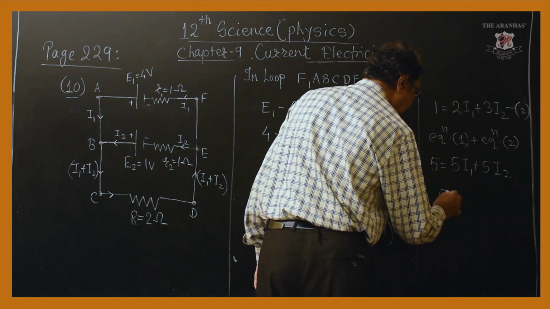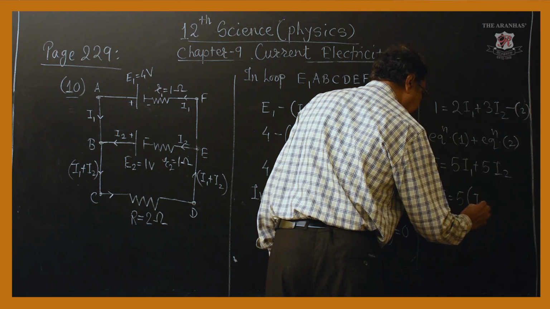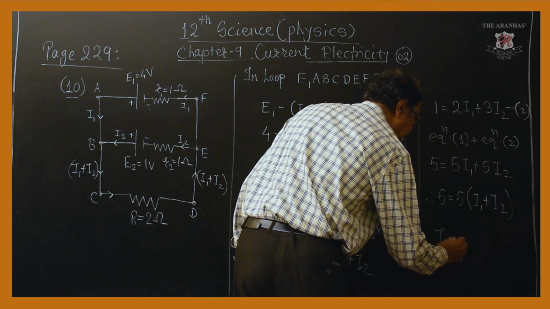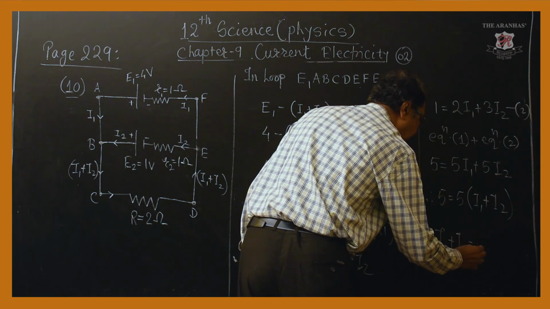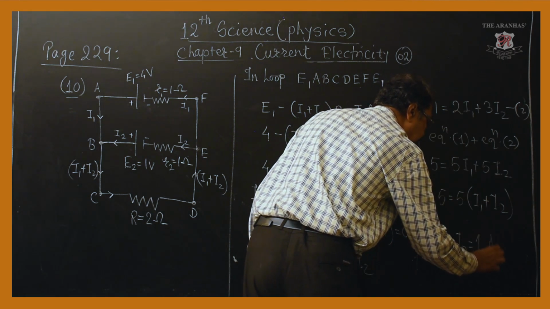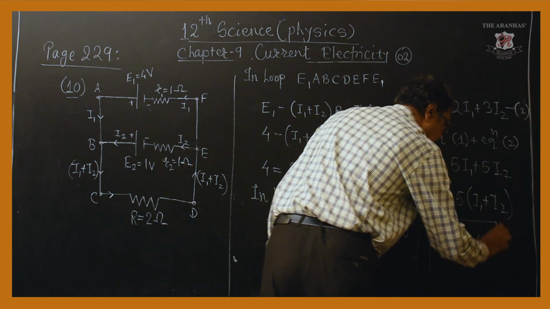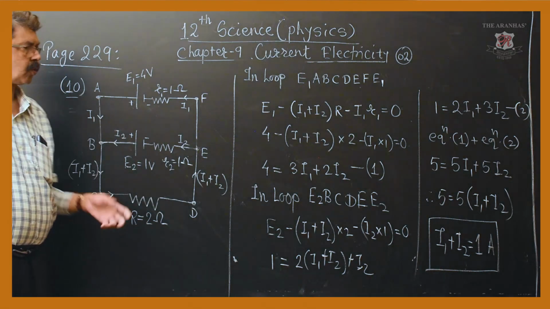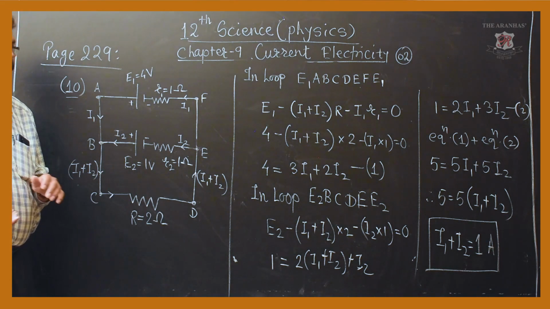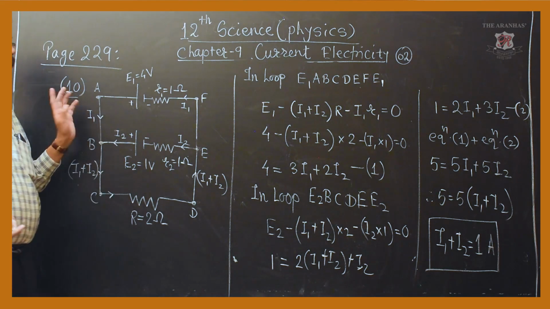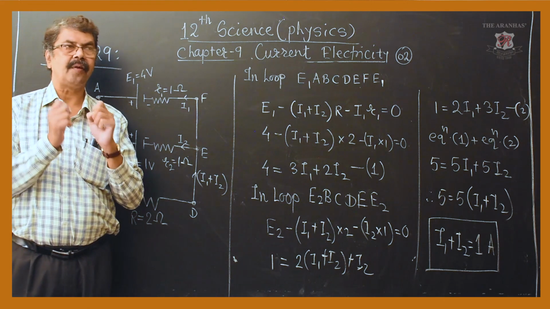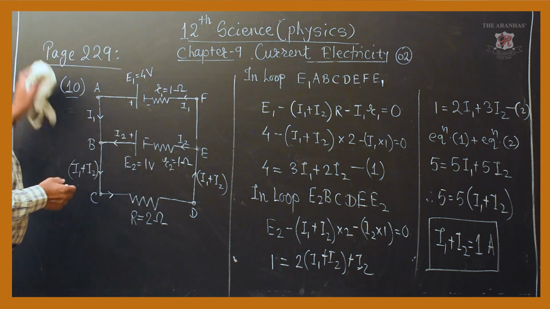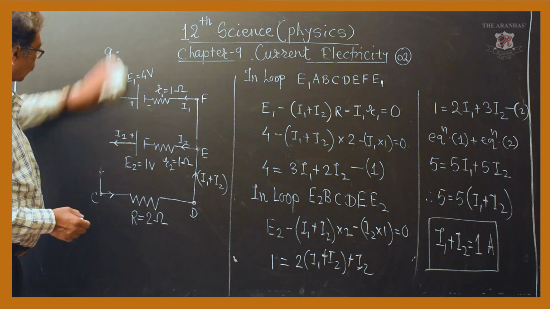Therefore, 5 equal to 5 into bracket I1 plus I2, or I1 plus I2 equal to 1 ampere. This is the way these equations are to be solved. 11th sum I am giving you as homework. Now I will give you a brief introduction of a new part which will be coming across.